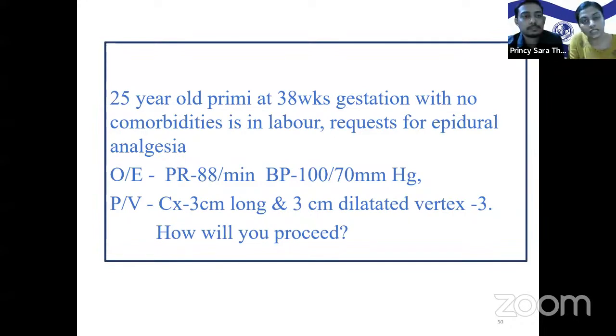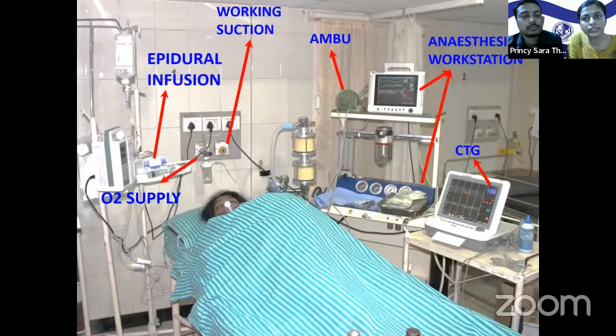As per the recommendation by ASA and ACOG, a maternal request is sufficient indication for providing labor analgesia. So we can provide labor analgesia regardless of the parity of the patient, whether the patient is in the first stage or second stage of labor, or the fetal station. One thing we have to ensure is good teamwork involving the obstetrician, anesthesiologist, and neonatologist, which is essential.